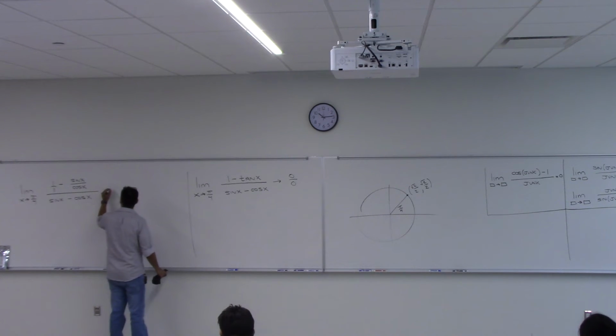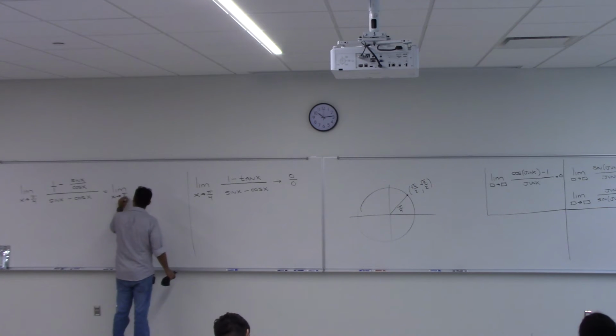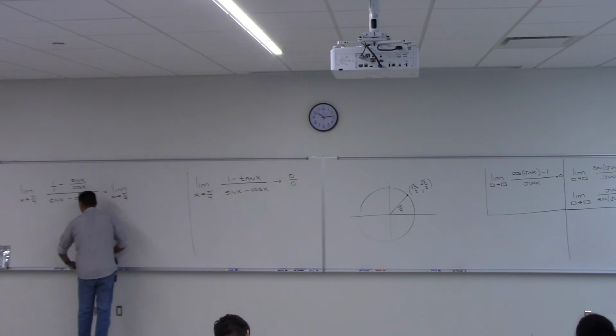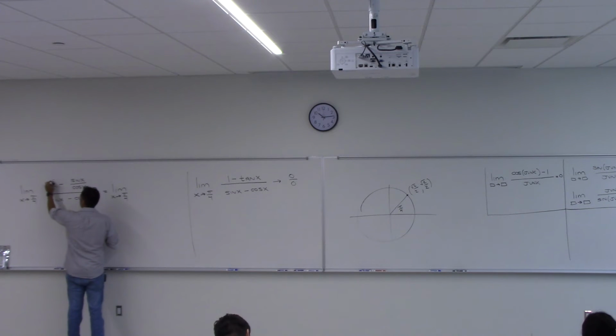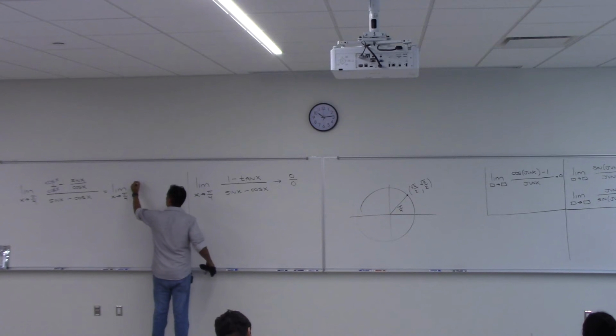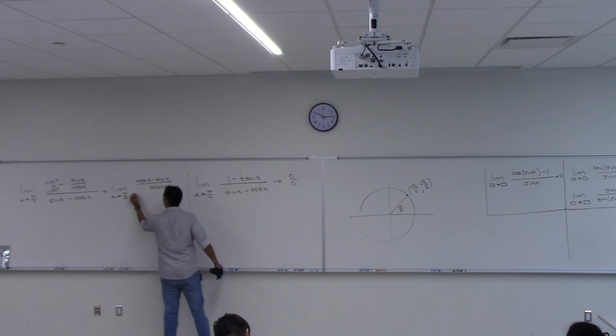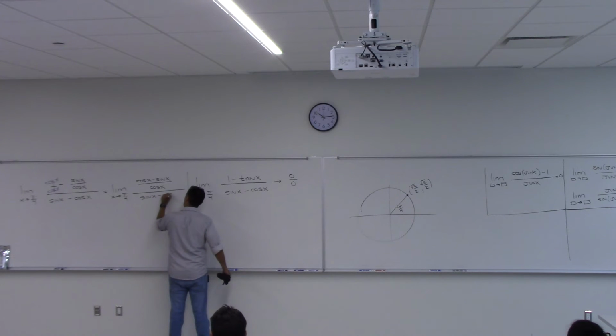So if we get a common denominator, limit as x goes to pi over 4. I'm going to put it up here just so we see it. This turns into cosine x over cosine x. And now when we put them together, the numerator is cosine x minus sine x over the common denominator, which is cosine x, but all of that is still over sine x minus cosine x.